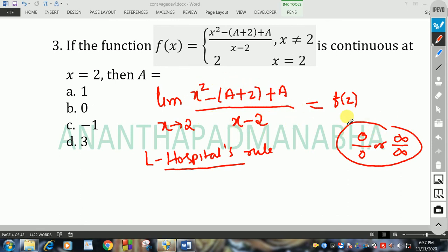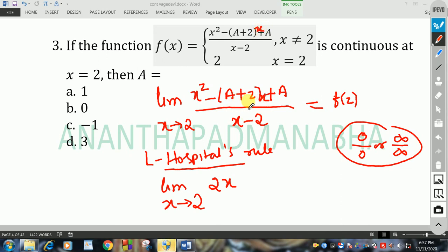I will take the limit as x tends to 2 of the derivative of the numerator, that is 2x, the derivative of x square is 2x, minus (a plus 2) into x. Actually x is missing here in the given problem. It is x square minus (a plus 2) into x plus a by x minus 2. While typing, this was missed, that's why I am writing this x here.